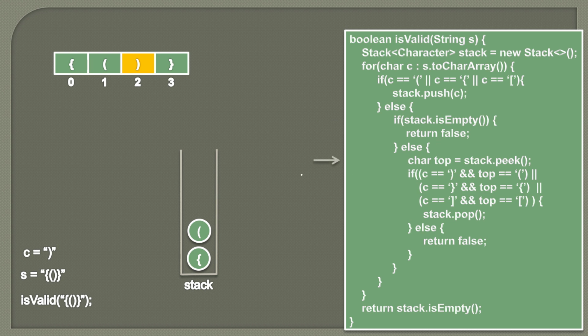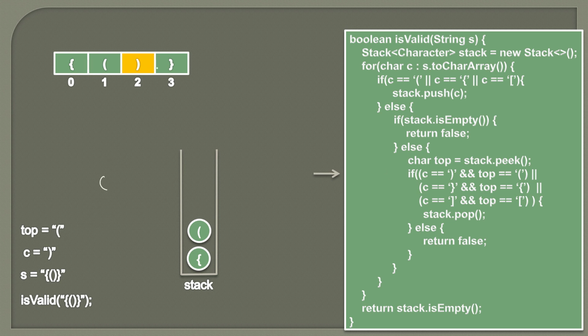Now first we will see the topmost element on the stack by calling stack.peek. So top will become equal to opening round bracket like this. And then we will provide an if condition. We will check whether top is equal to any of the opening brackets. So currently it's opening round bracket.